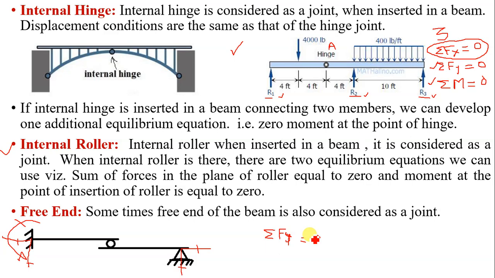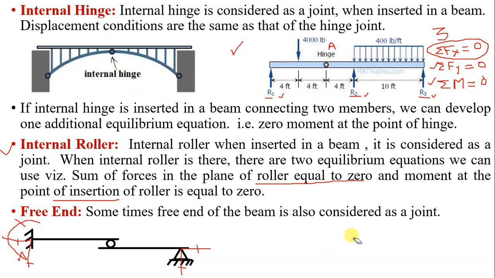So at the internal roller we can develop two additional equilibrium equations: sum of forces in the plane of roller is equal to 0 and moment at the point of insertion is equal to 0.